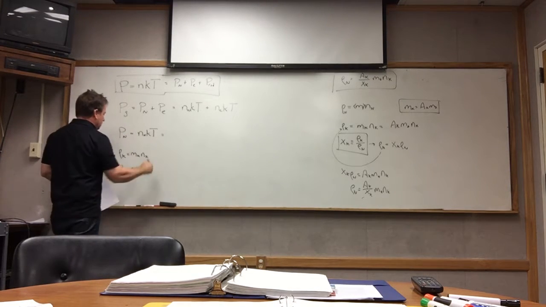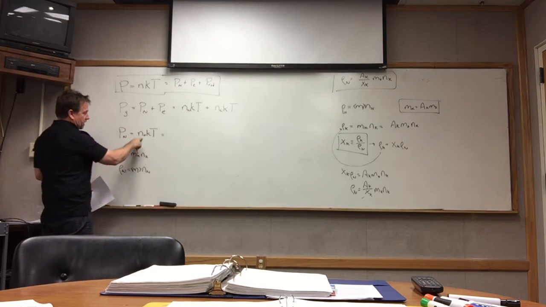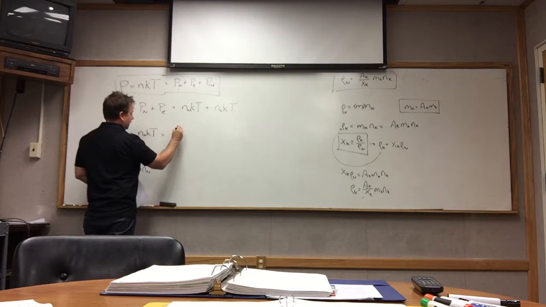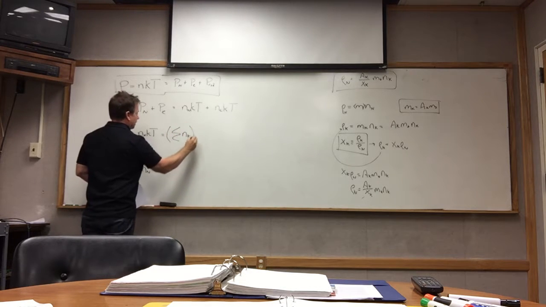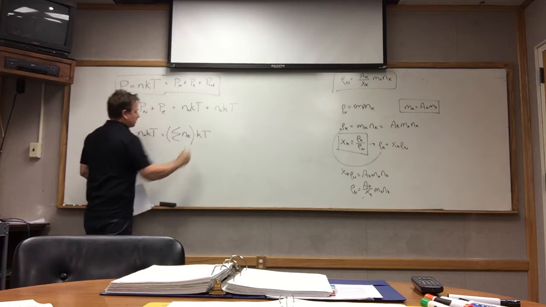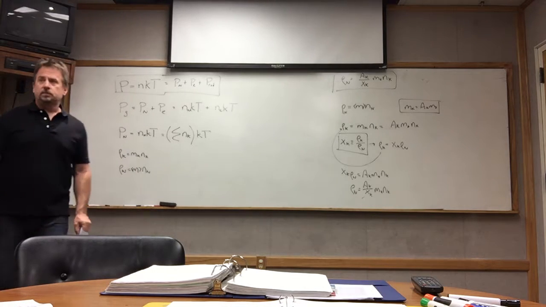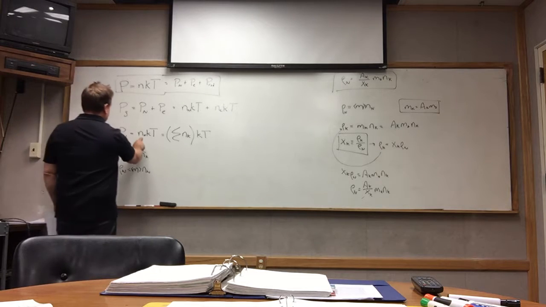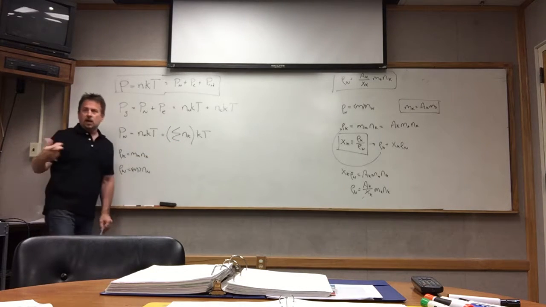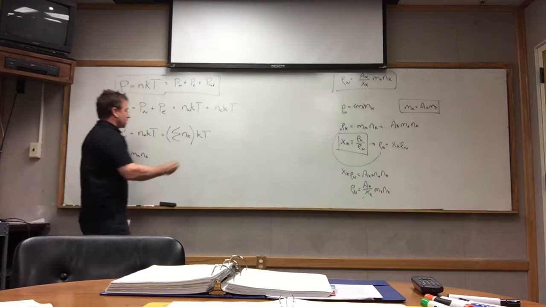Forget that arrow, sorry. Remember that n sub n is equal to the sum over all n sub k's. Does everybody agree with that? Okay. This is the sum of all species k. Total number. Okay, great.